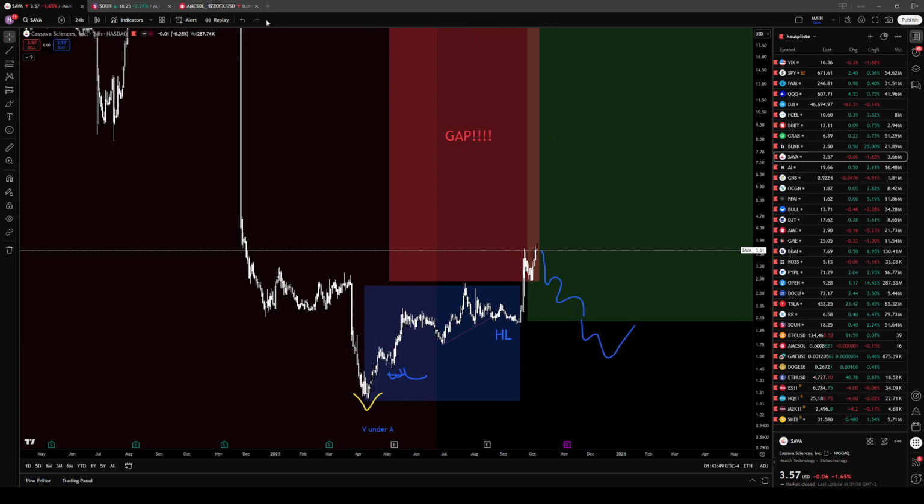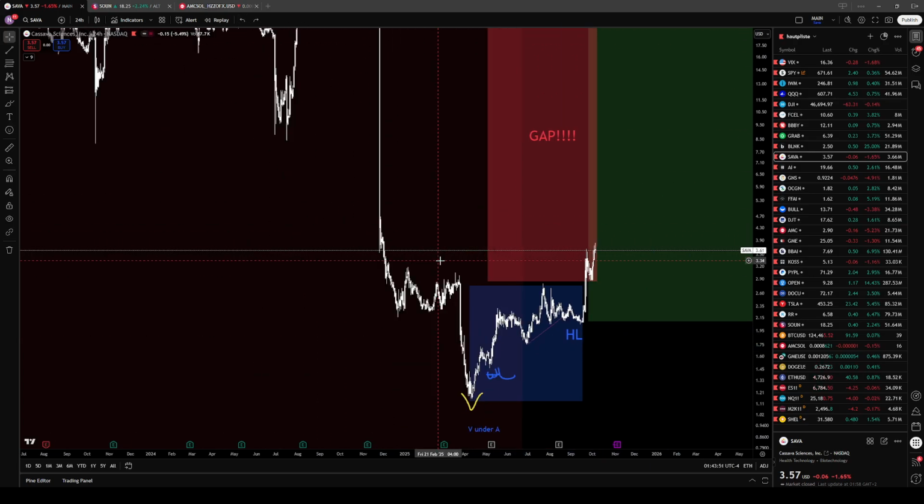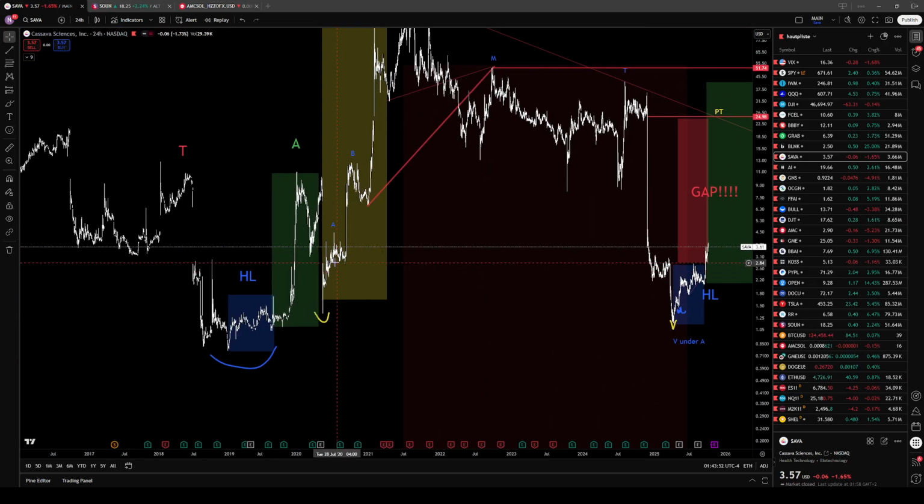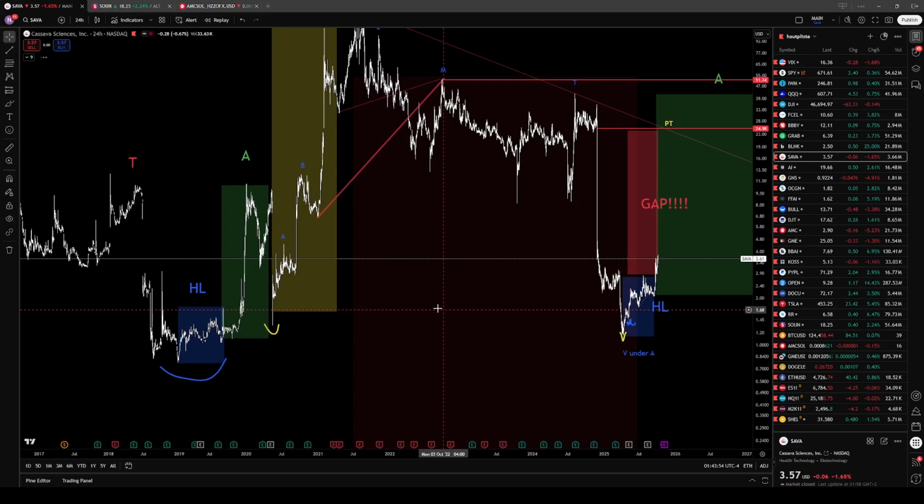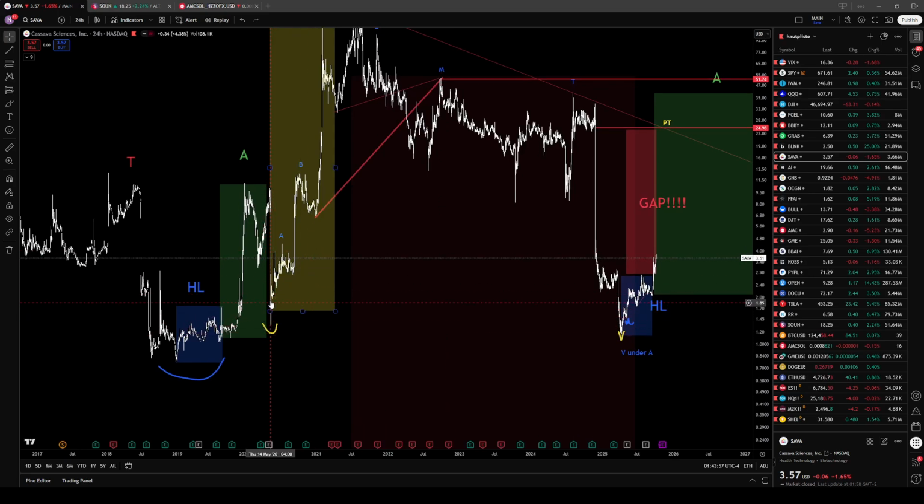Can happen, doesn't have to happen, but it would be the same like this here. You have your V going up, doing bullshit, and then when it's finished, it just gap fills.